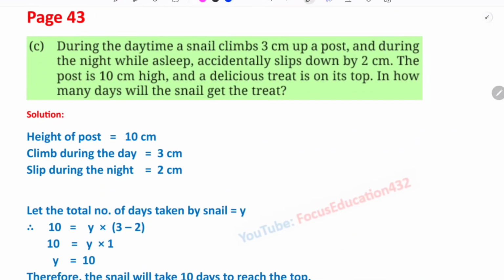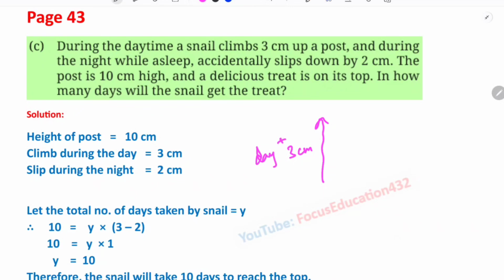Now see this bit. This is somewhat tricky. During the daytime, a snail climbs 3 centimeter up a post. So it moves up how many centimeters? 3 centimeters. Snail is there. It moves up 3 centimeter up a post, and this is during day.